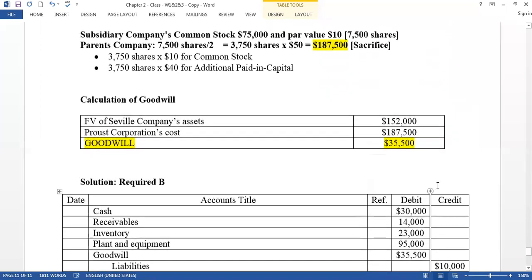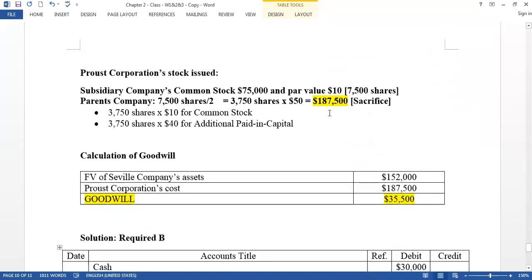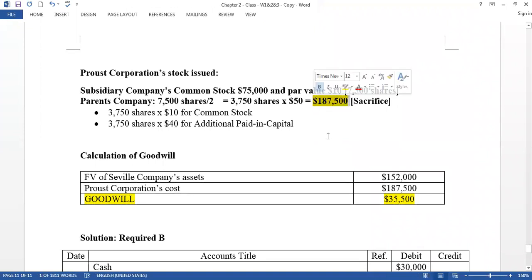Now you know that here we sacrificed total capital 187,500, but par value is 37,500, right?